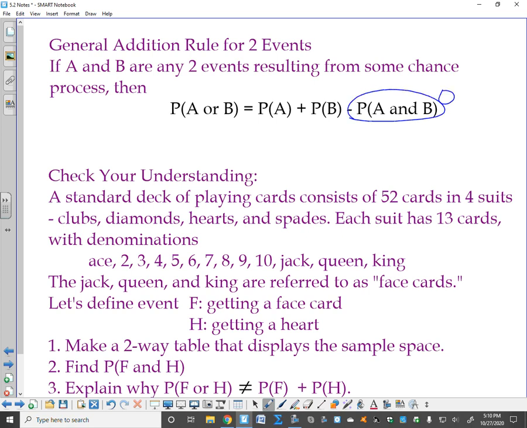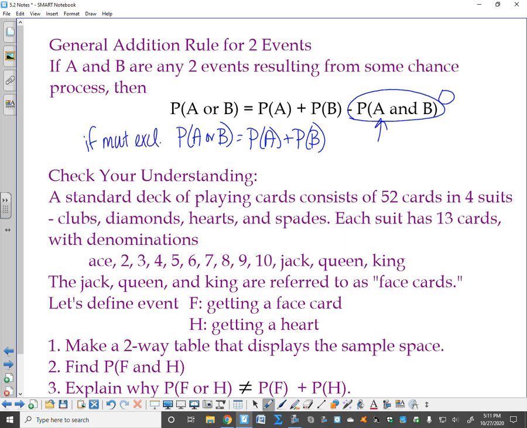So if mutually exclusive, the probability of A or B is just the probability of A plus the probability of B, because that piece doesn't exist. If they're not mutually exclusive, then you have overlap, and you have to subtract it out. If they are mutually exclusive, you don't have the overlap, so you don't have to subtract it out.